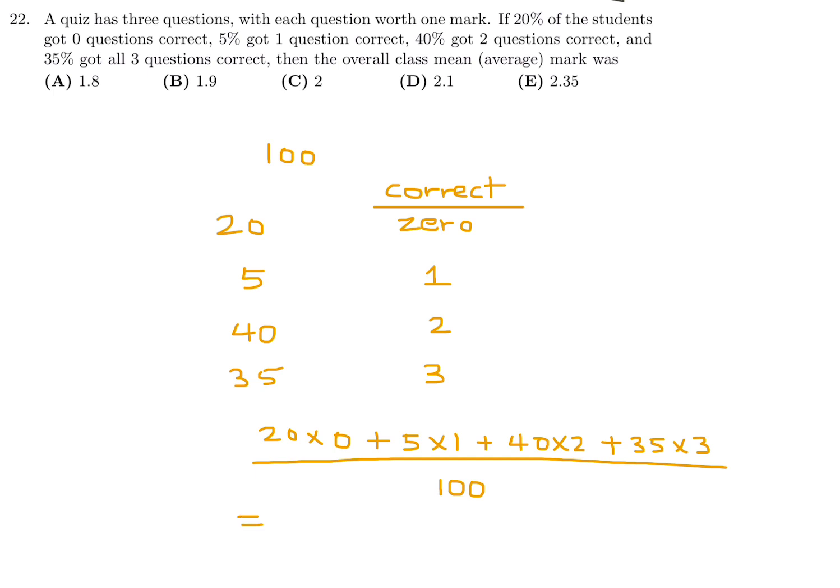So this becomes 0 plus 5 plus 80 plus 105, all divided by 100. And that is 190. Yeah, 190 divided by 100, and therefore that is 1.9. That's the average. So number 22, the answer is B.